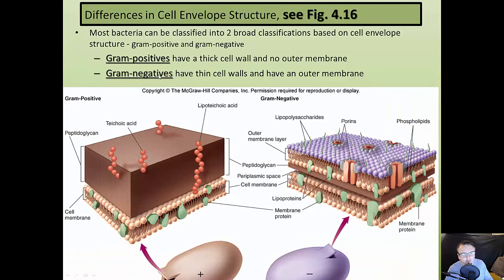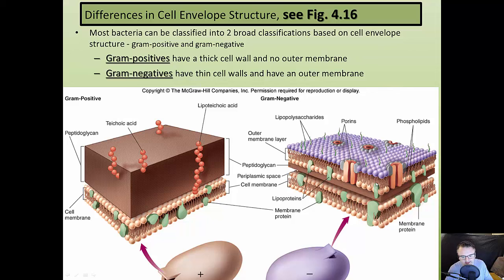Now in the other type, the gram-negatives, we have a different variation. So once again, we have the outer membrane, but here we have a thin cell wall. And the cell wall is comparably thin. So you see here, this is drawn to scale. The cell wall in gram-positives is usually about 10 times thicker, give or take. So much thinner here. So that's one of the characters of a gram-negative, thin cell wall.